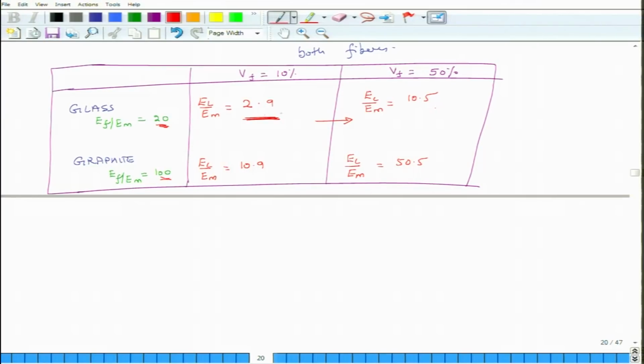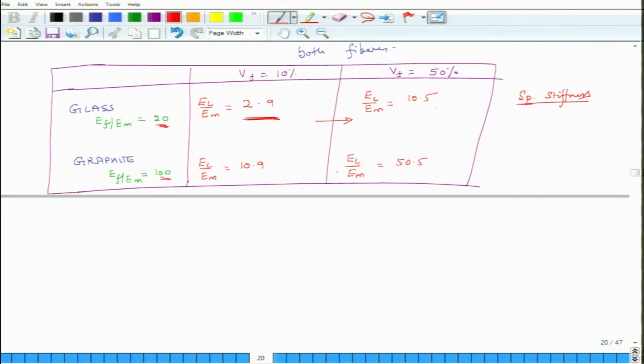So, it goes from 2.9 to 10.5, and the same trend we see for graphite fibers. So, even if we put small amount of fibers, we will start seeing the benefits in terms of higher stiffness for the system. So, this is what I wanted to say. So, remember we had originally the discussion on specific stiffness.